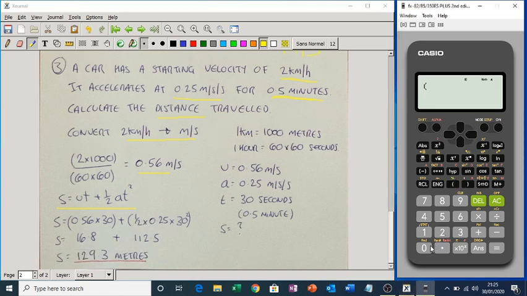So in your calculator, 0.56 times 30, close the bracket, plus 0.5 times 0.25 times 30 squared, close bracket, equals 129.3 meters. So the car's gone 130 meters in that time.